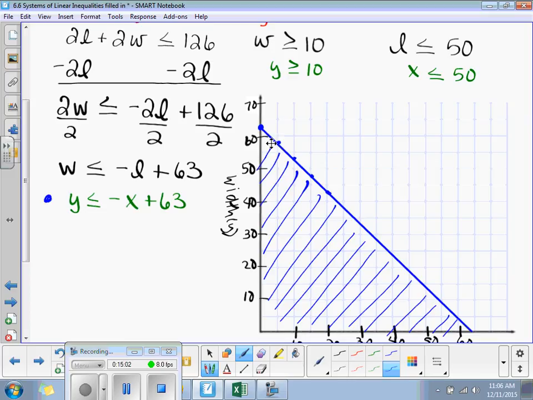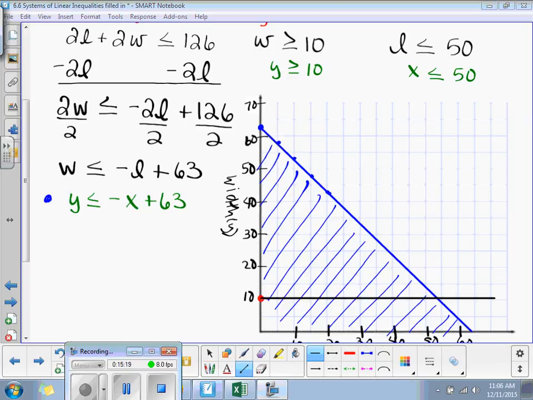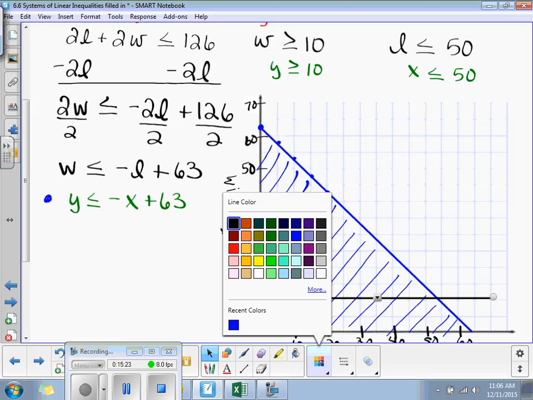So let's do the next one in red. So y is greater than or equal to 10. So here is 10. It's a y equals. So we're right here. Y equals is a horizontal line. Let's make that one red.